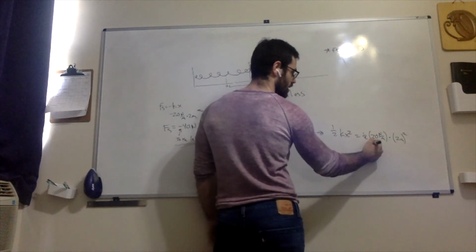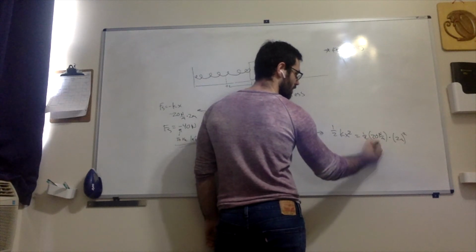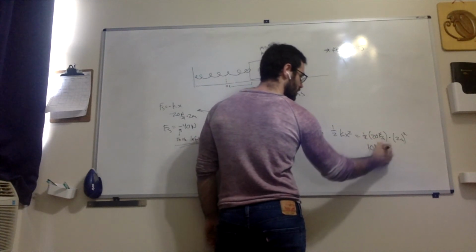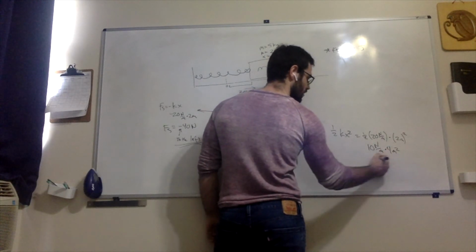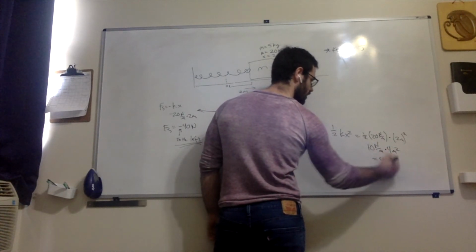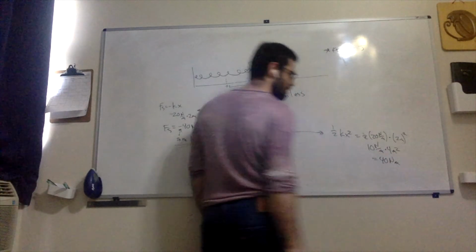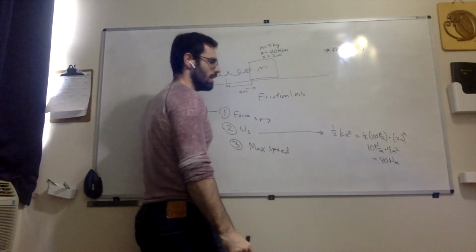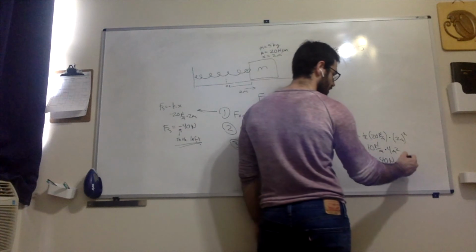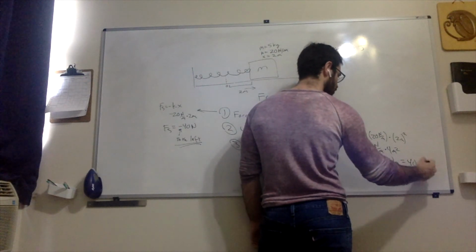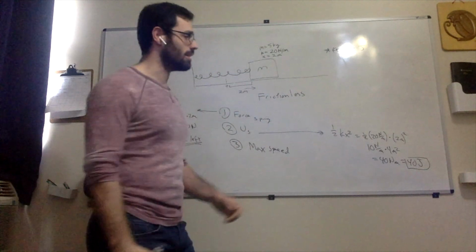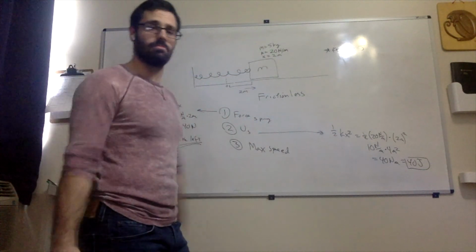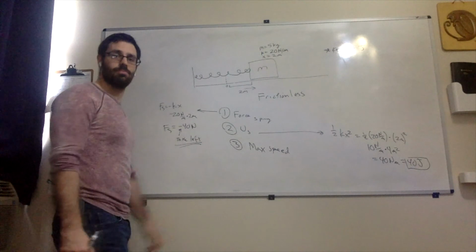This gets us to 10 newtons per meter times 4 meters squared, which is equal to 40 Newton meters. And 40 Newton meters is equal to 40 joules of energy. Presumably I did that math right, but who knows? You should check it for me.